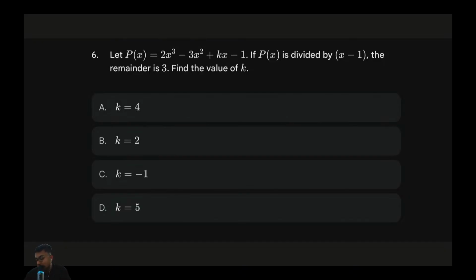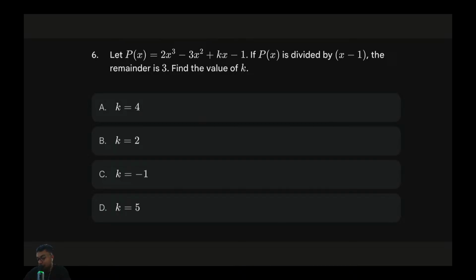Number 6, they're asking, let P of x equal 2x cubed minus 3x squared plus kx minus 1. If P of x is divided by x minus 1, the remainder is 3, find the value of k. How to find k? Actually, I think in this case, it's a tricky question that we need to be careful about when solving it.